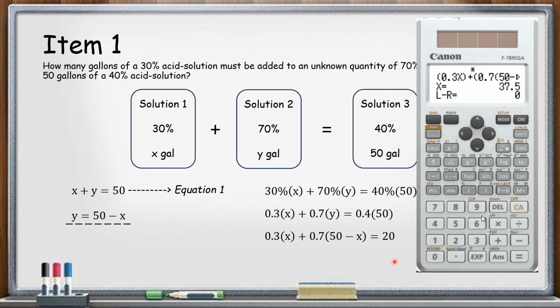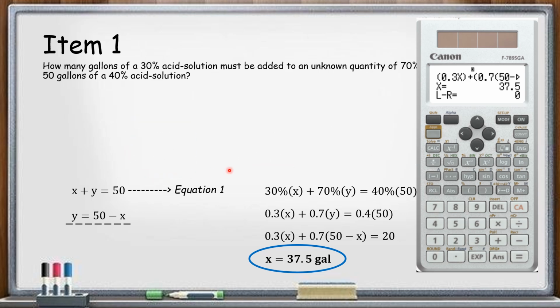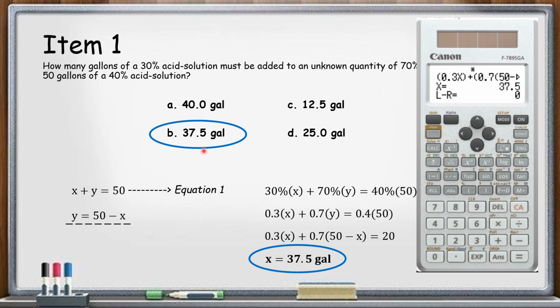Shift solve and we get 37.5. 37.5 gallons for the x gallon, which is the 30% solution. Going back to the choices, there it is, letter B. That's the answer for item number 1.